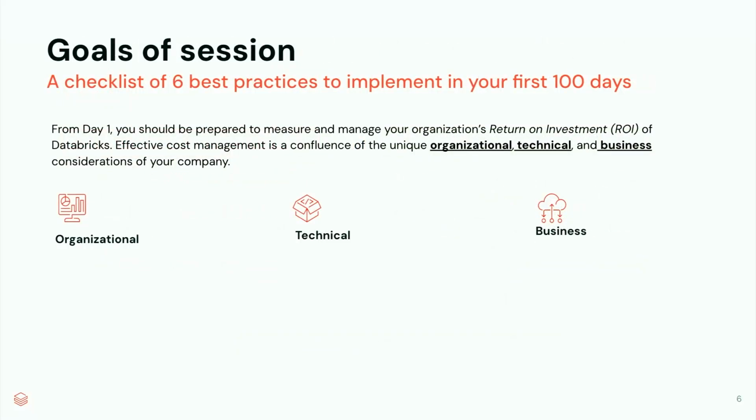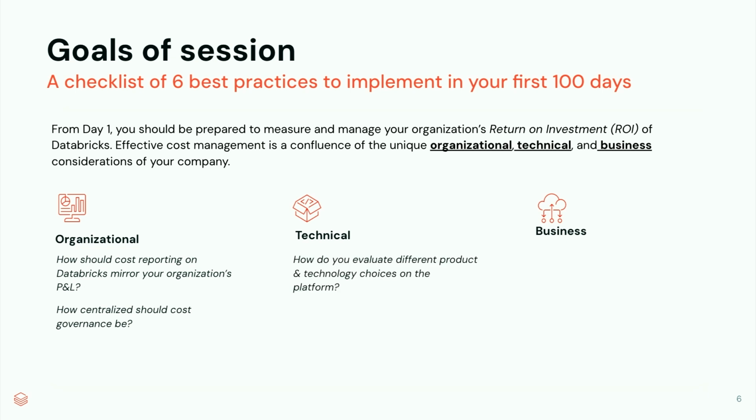So in this session, we will structure our presentations through three pillars that really are a confluence of effective cost management. From an organizational standpoint, we will talk through how cost reporting should mirror your internal organization's P&L or operating model from the first day. And also how centralized cost governance should be. We'll talk through a couple of options we've seen in how customers have adopted their governance model.